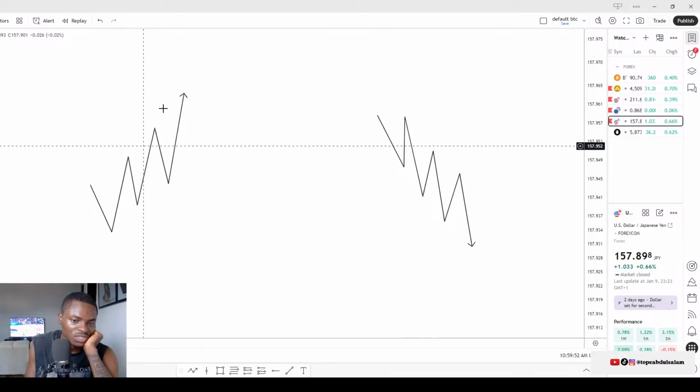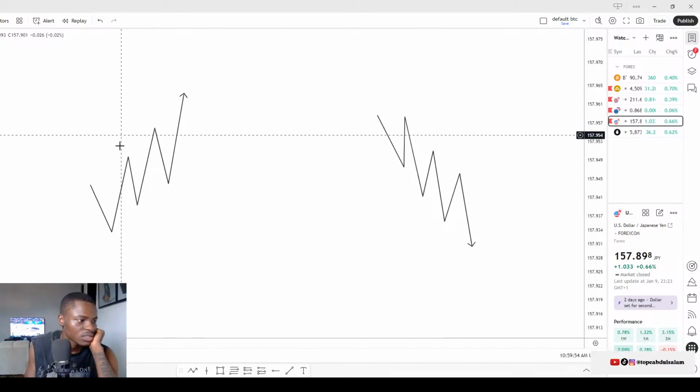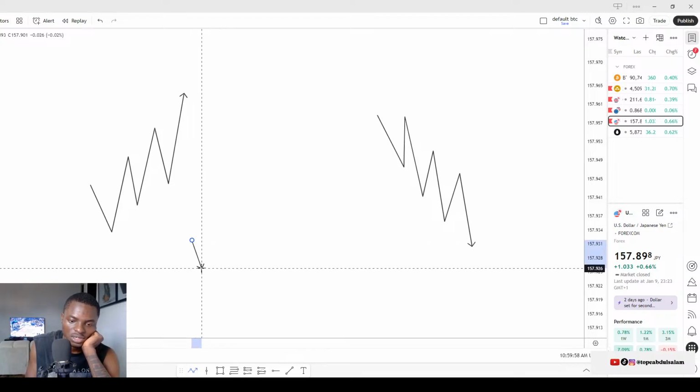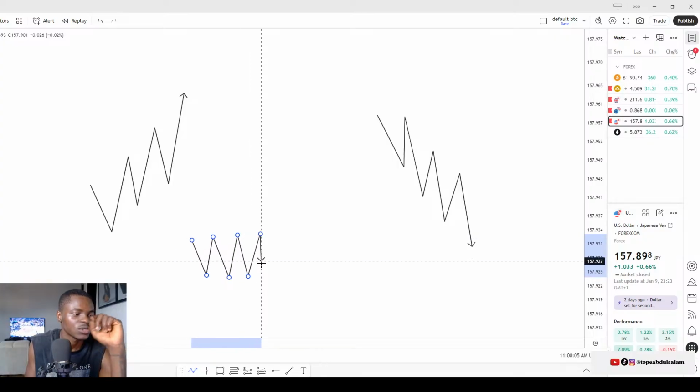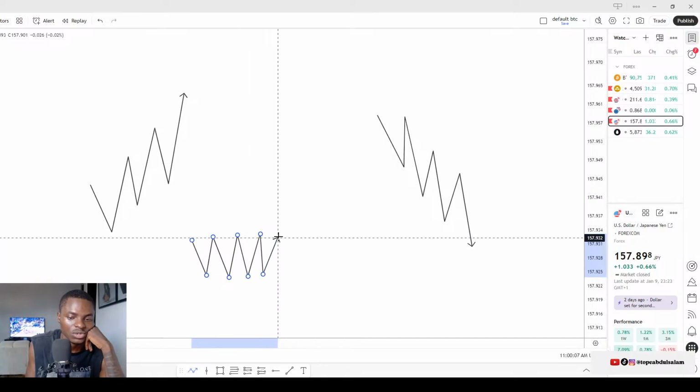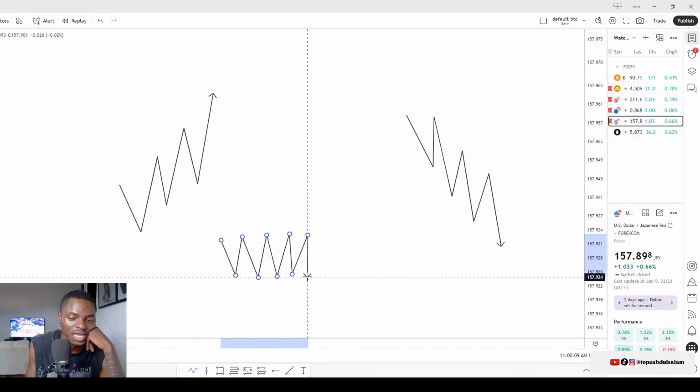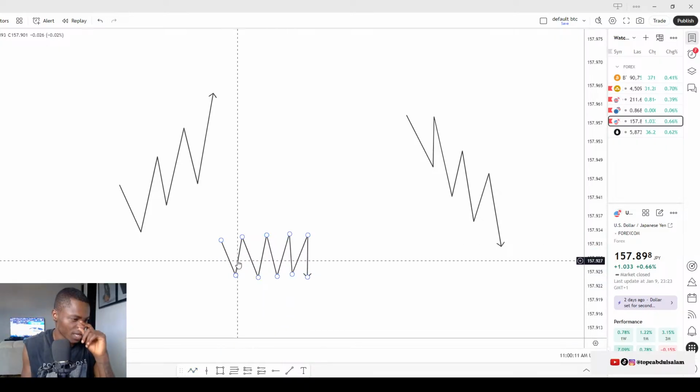And we have the third one, which is the market will be ranging. The market is not going anywhere. It's just trading within a particular price, refusing to break any high and refusing to break any low.